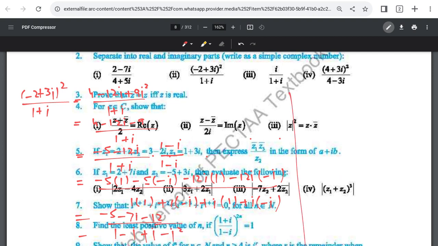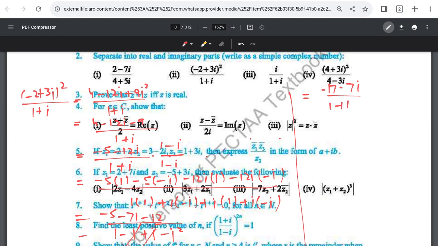Okay, so dear students, now we move here for the next step. So when we simplify it, it will become minus 17 minus 7 iota over, they are cancelled by each other, and it will become 1 plus 1.